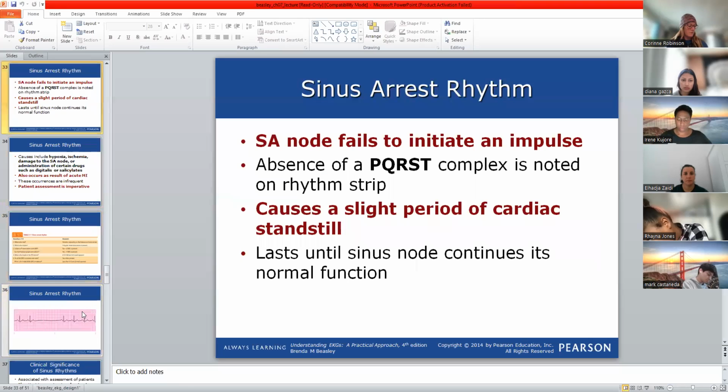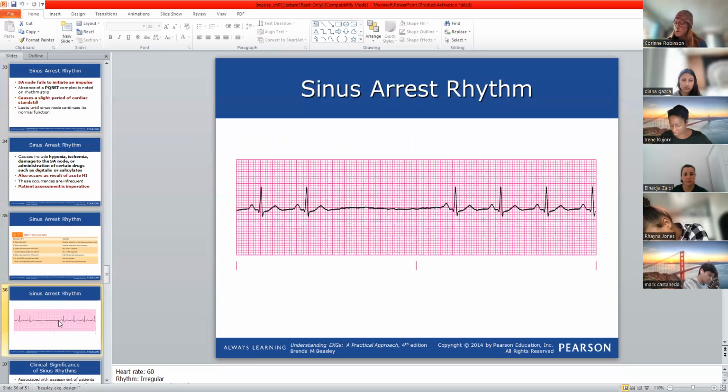So what is the next thing we need to know about? Let me give you this one. Don't look at the header. What do you notice, guys? It's a big long space. We have a big space without what? Without beats, without P, without QRS, without T, right?